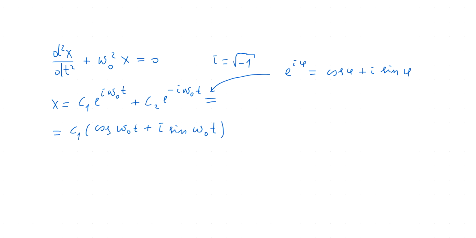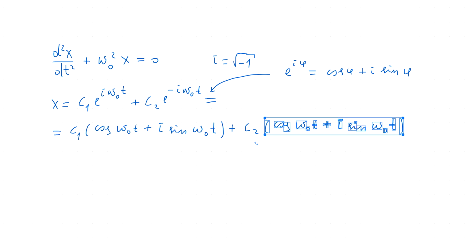I will write this from a new line, and the second term will be C2 multiplied by the corresponding expression, if we take into account that cosine is an even function and sine is an odd function.